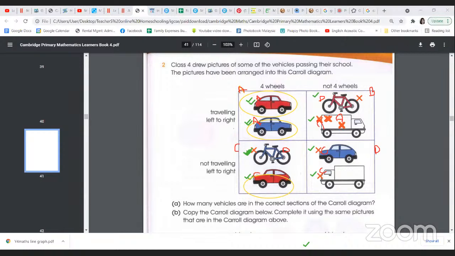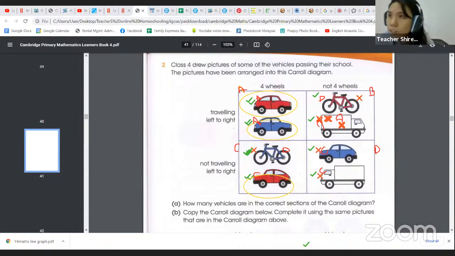Is it like this? Can I have a look? Nearer, nearer, very much nearer. Perfect. Okay. Can I see column C? Column C, the car.